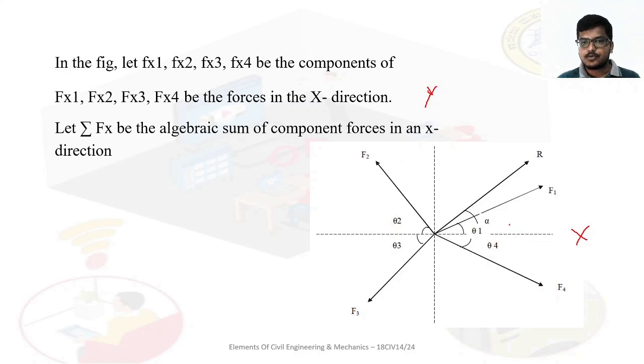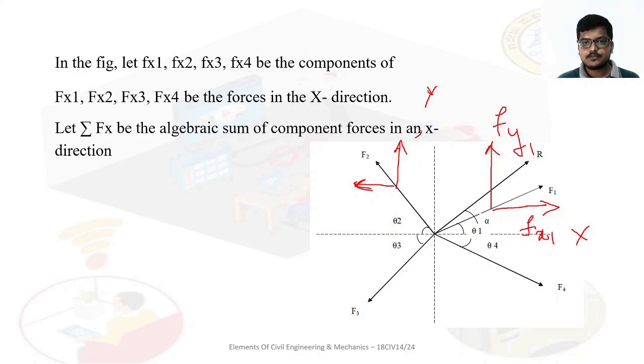Okay, so what is this small Fx1? This is the small Fx1. So Fx1 is horizontal. In the vertical, what we will take? Fy1, of this F1. Next here, when we come here, so horizontal way. So the arrow is like this now, so we are taking the arrow that side only.